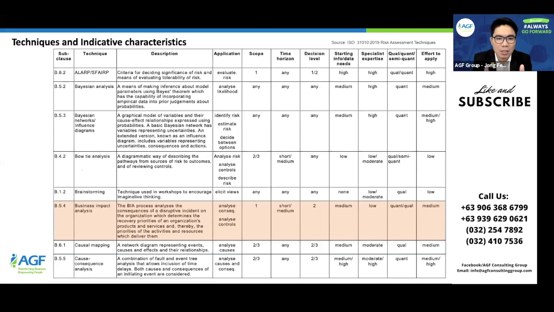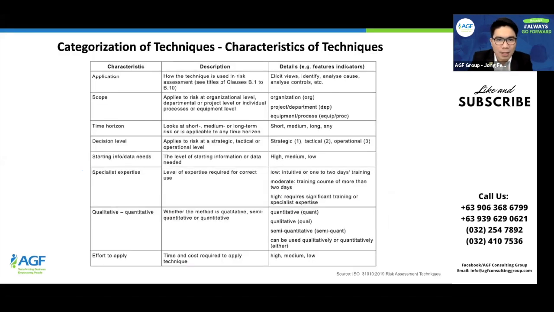This determines not only the disruptive incidents, but also the recovery priorities of your company, including the organization's products and services, thereby the priorities of the activities and resources which deliver them. It analyzes the consequences, and it also analyzes the controls. Are we following? Again, let me just go back to that. Right here, look at this. So you have the scope.